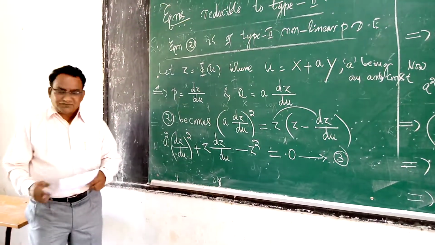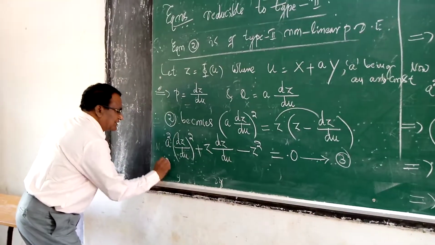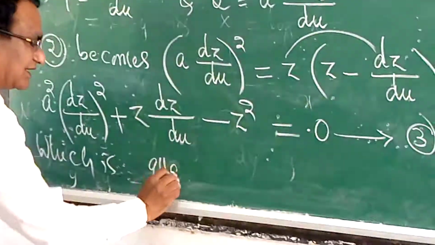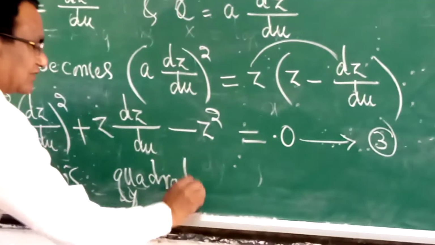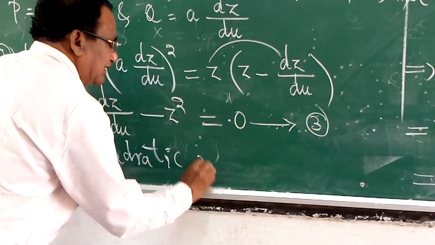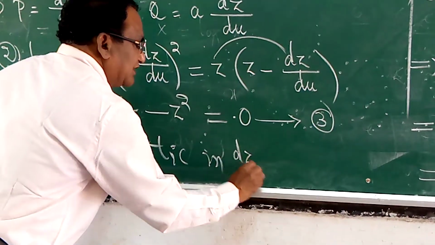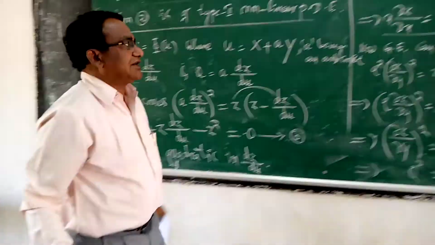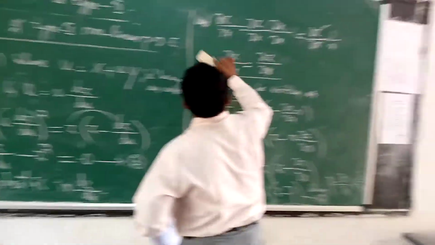Am I right? Which is quadratic, in dz by du.